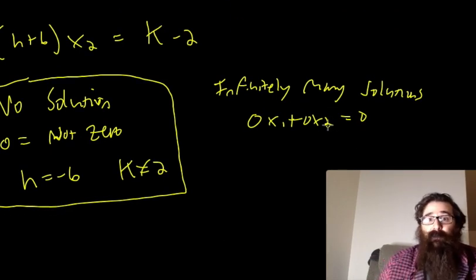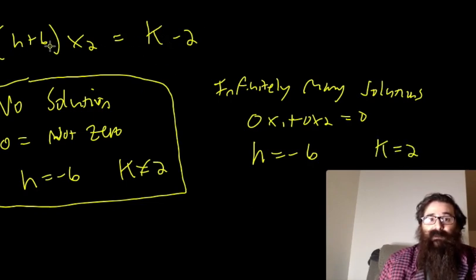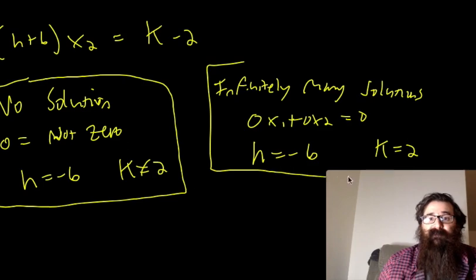It would give me that free variable. So in that case, I would say, well, now I want h to be equal to negative 6. But I would want k to be equal to 2. So if h was negative 6 and k was 2, I would get 0 equals 0, which is true, but it's giving me that free variable.